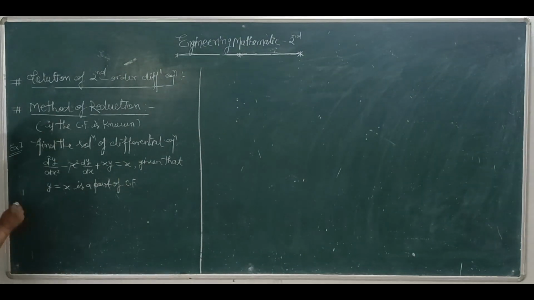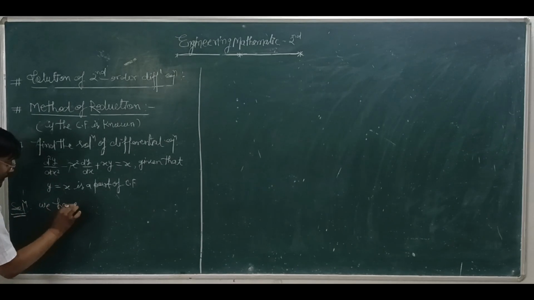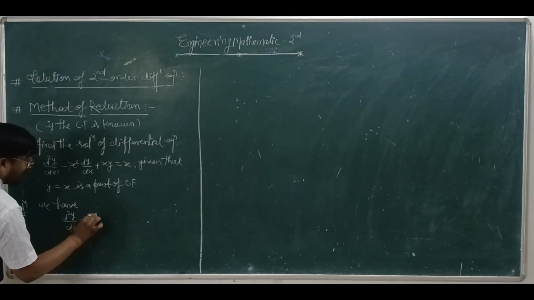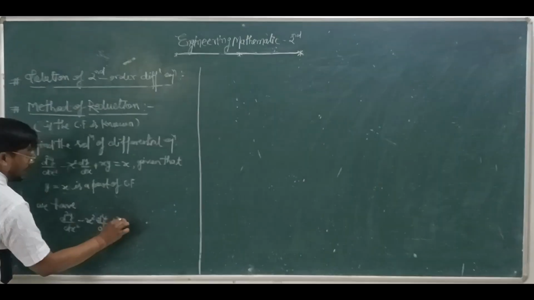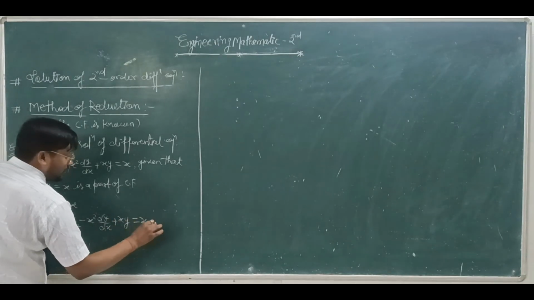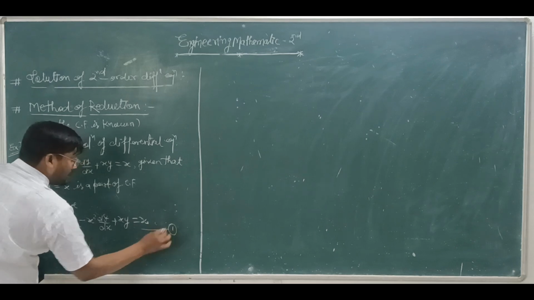Now the solution of this problem, you can write, we have d2y of dx2 minus x square dy of dx plus xy is equal to x, a second order differential equation. This is equation number first.